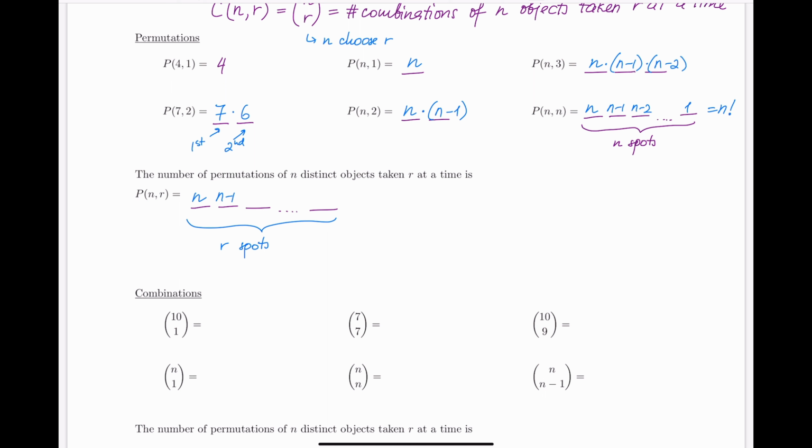For the next spot, I have n minus 1, n minus 2, and so on. What is going to be the number in my last spot? I have r spots altogether, so I'm going to have to keep subtracting until I have filled in r spots. And hopefully, counting the number of elements in this set with a formula is going to come in handy here, because what I actually need here is n minus r plus 1. The number of objects minus the number of positions plus 1.